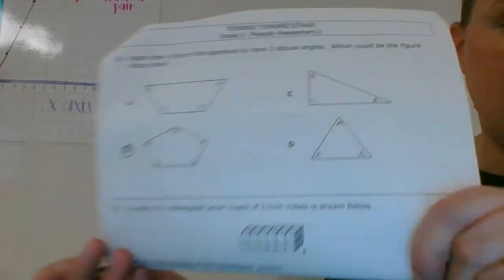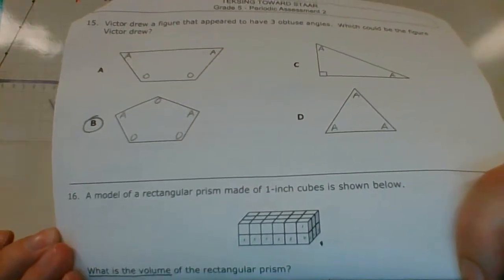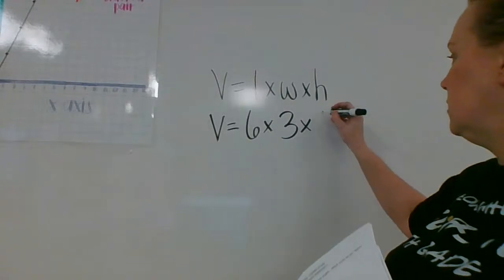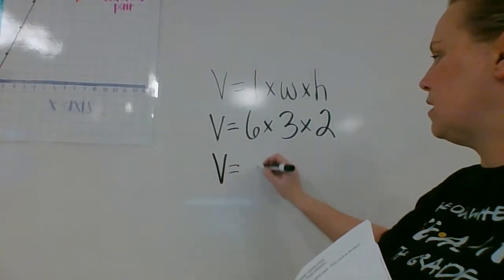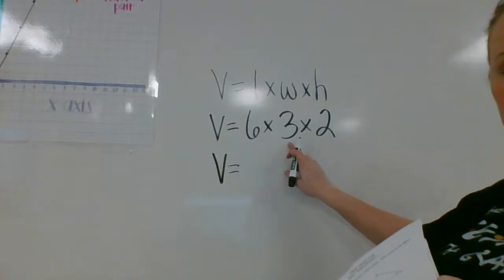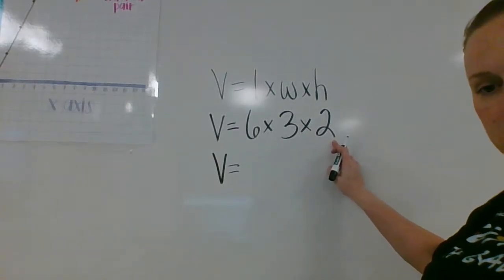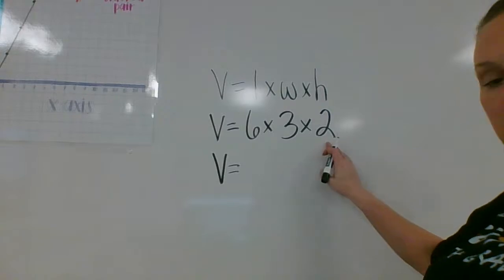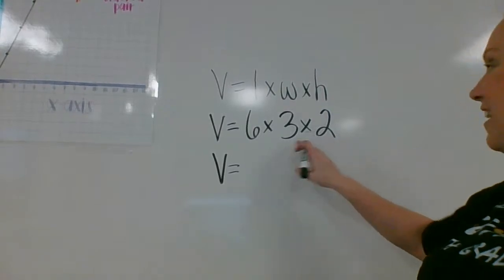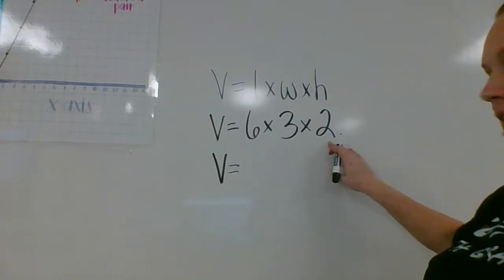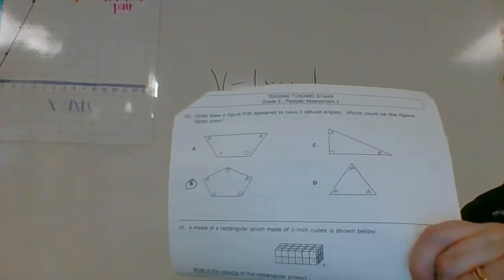And how high is this prism? It is 2 units high. So volume is going to be the same as 6 times 3 times 2 cubic units. I know Maureen got in there, sorry. 6 times 3 times 2 in cubic units is the volume of this rectangular prism.